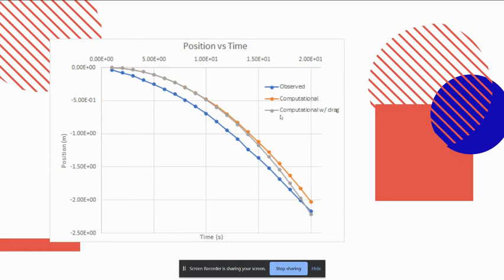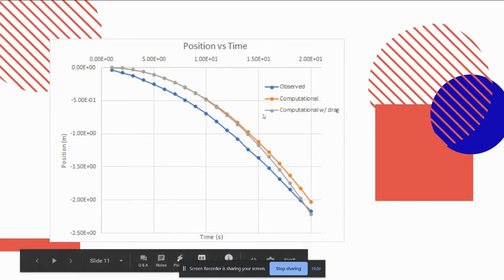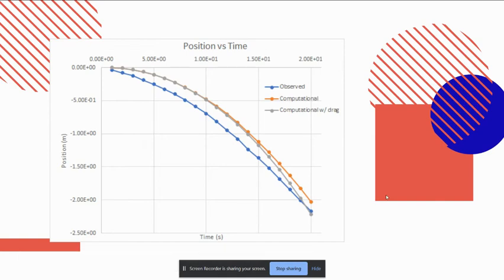The computational model with drag was slightly better with the curve, but it does not follow my observed data perfectly, which we can attribute to my own error within the experiment, the fact that the ball did not fall straight down. Maybe there wasn't enough drag. But we can see there's a difference between the computational model with drag and without drag.